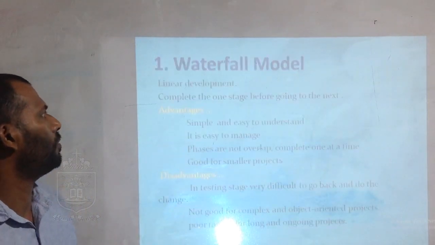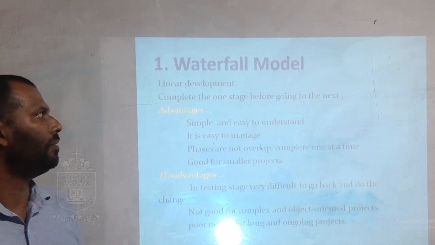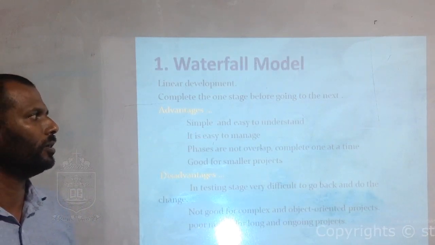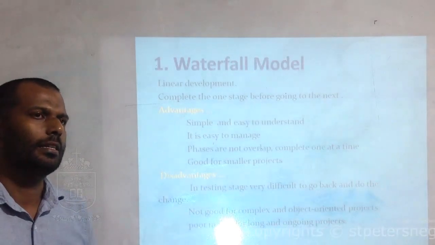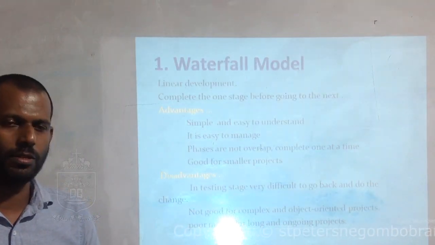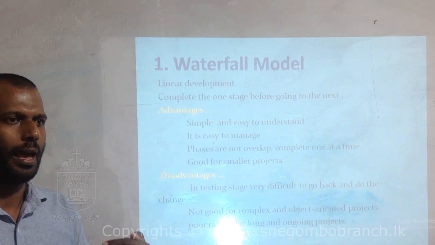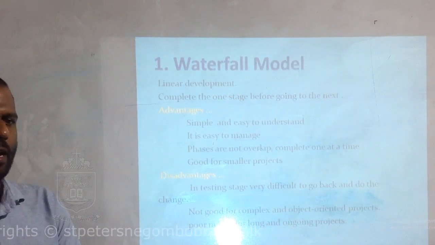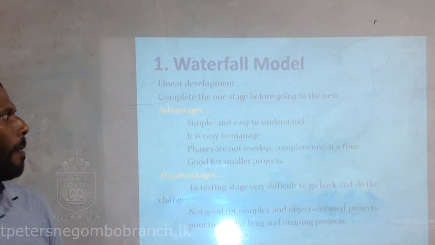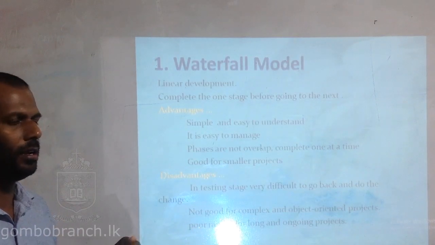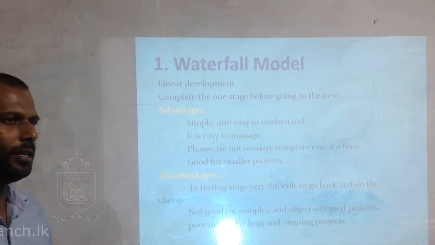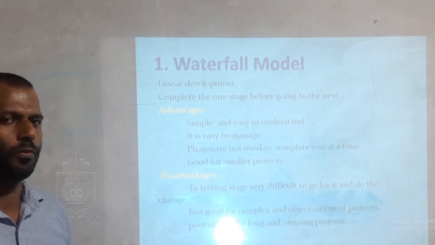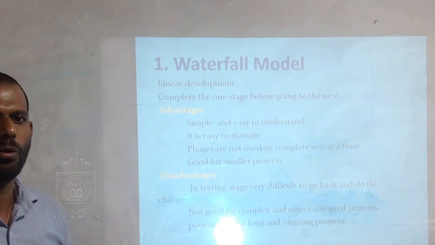First, the waterfall model. Linear development, and complete one stage before going to the next stage. We learned about the 6 stages: identification, deployment, testing, and so on. In this waterfall model, I think you have all seen a waterfall. It is a top-down approach.